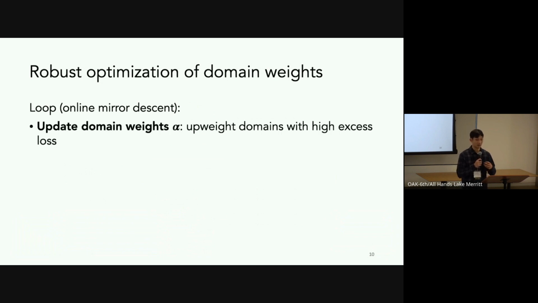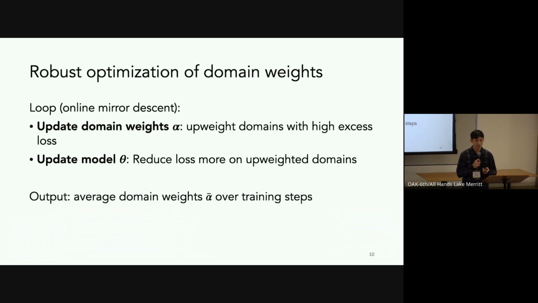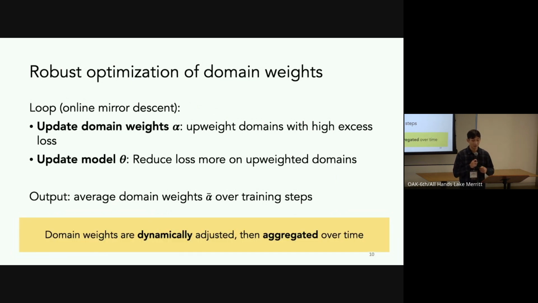We alternately update the domain weights alpha, where we upweight the domains with the highest excess loss. Then we do an update on the model theta, where we reduce loss more on the upweighted domains as a result. As an output, we output the average domain weights over the time steps. So we're essentially dynamically adjusting the domain weights during training and then aggregating this over time.